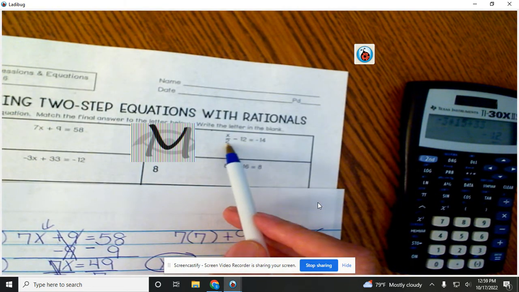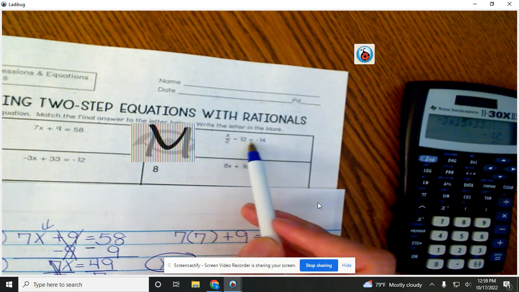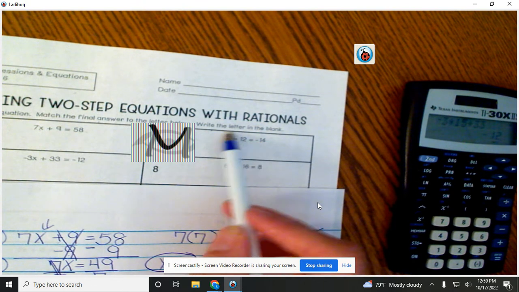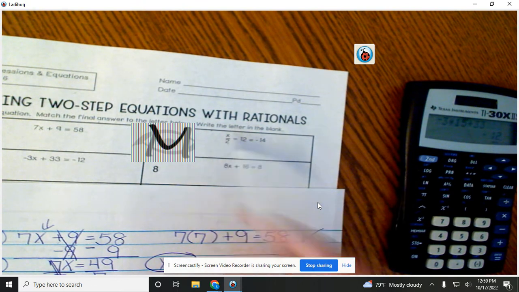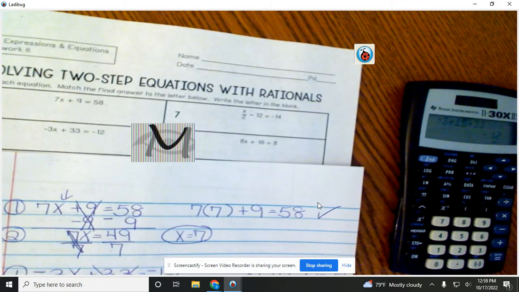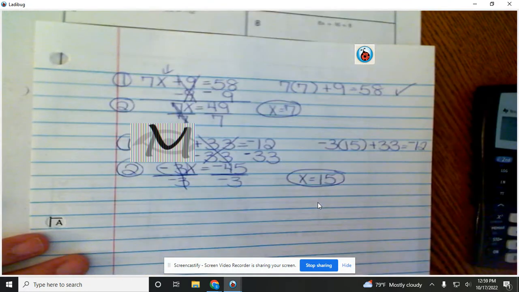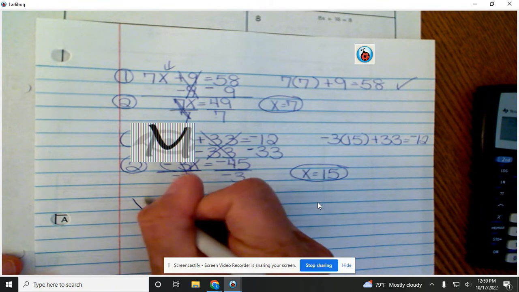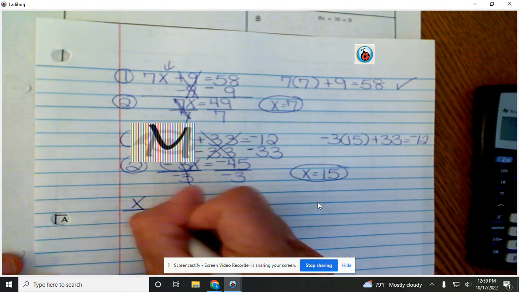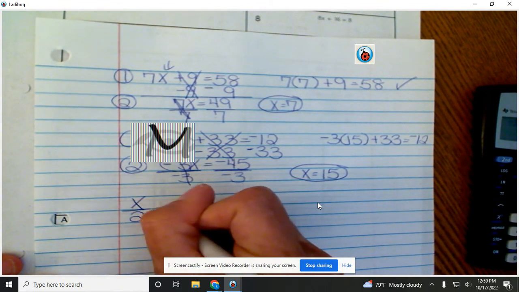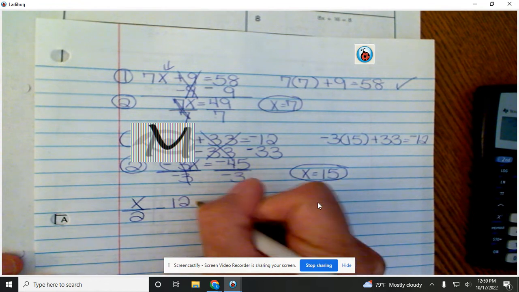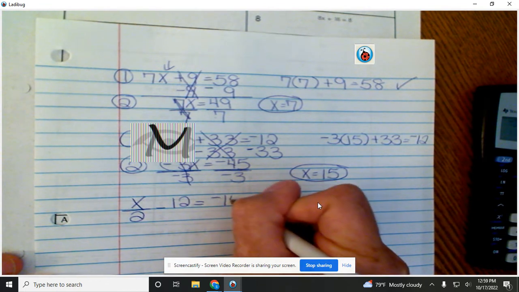But let's go down here and take a look. So I have x over 2 minus 12 equals negative 14. We know that when we see this, it's never anything that we're super excited about. So let's look at it. I have x over 2 minus 12 equals negative 14.